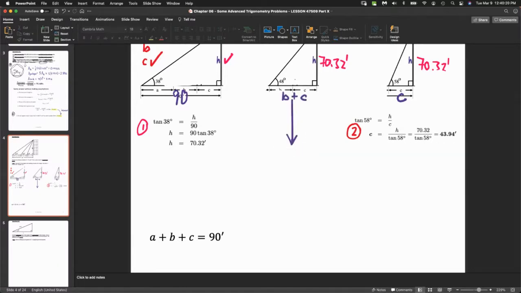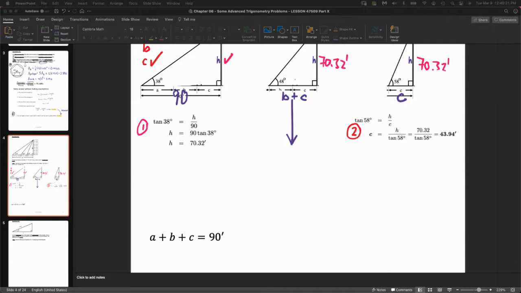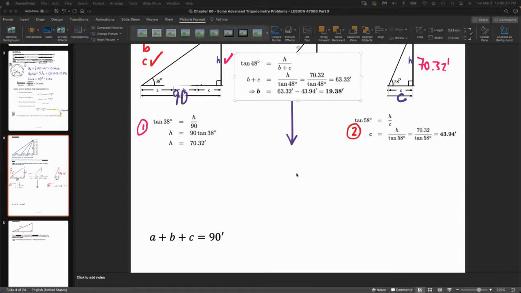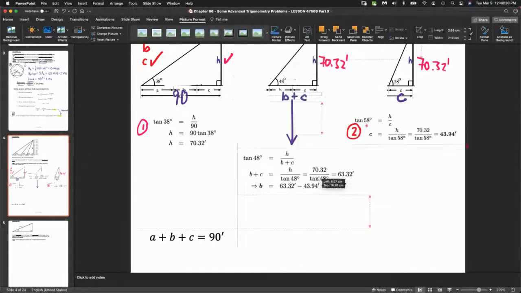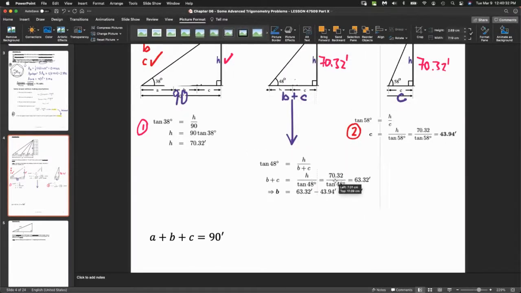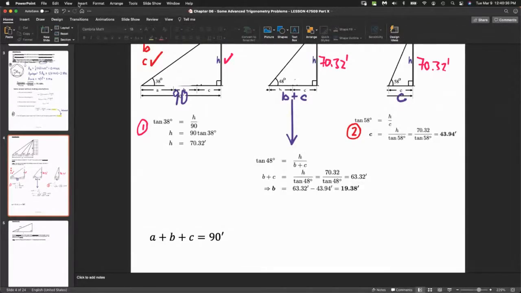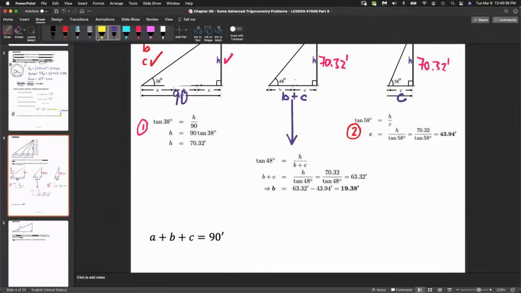So the next thing I'm going to do here is get the length of B by using the middle diagram. This part's not fun. It may take a few people some time to really digest it because there's a little bit of algebra that's annoying. But let me walk you through it. So this is our step 3.